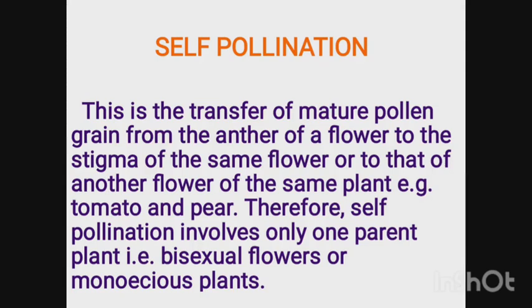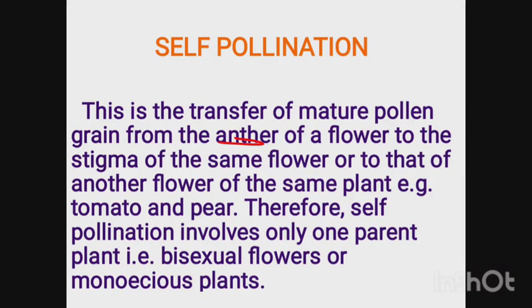Self pollination, as it's written there, is the transfer of matured pollen grains from the anther of a flower to the stigma of the same flower or to that of another flower of the same plant. For example, we have tomato and pear.